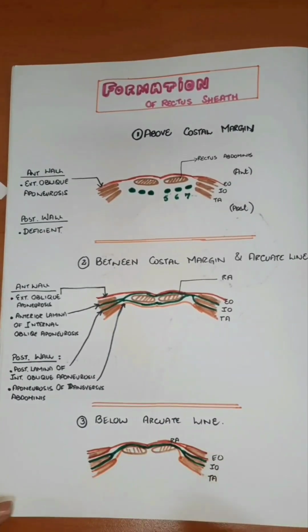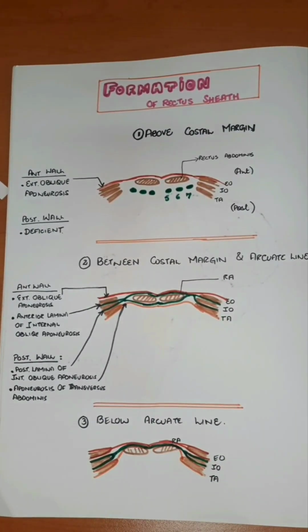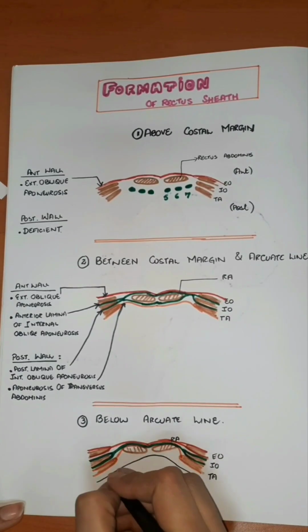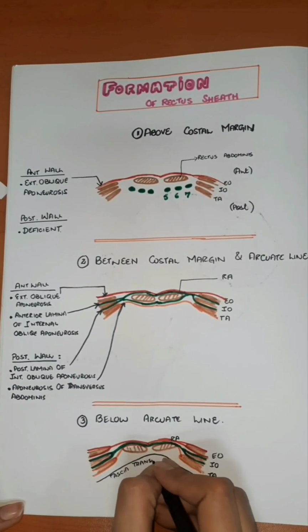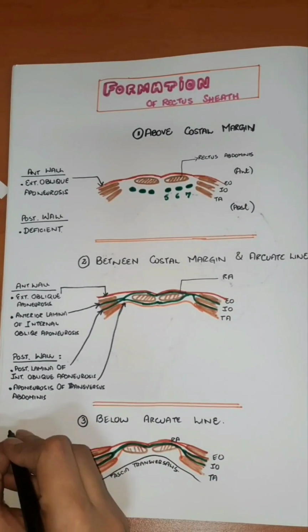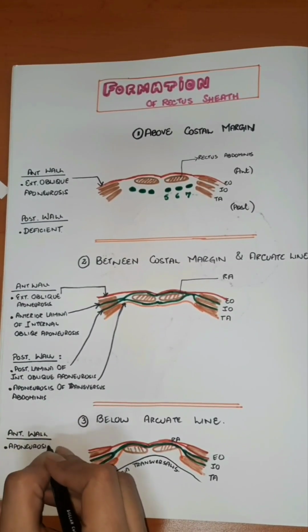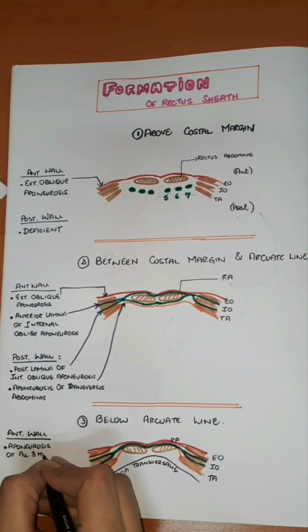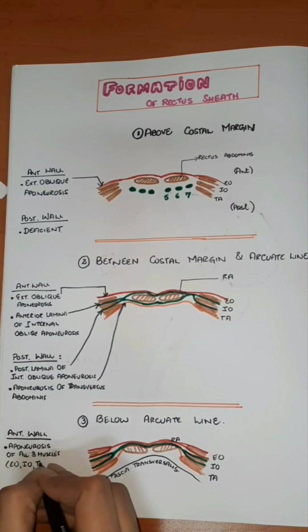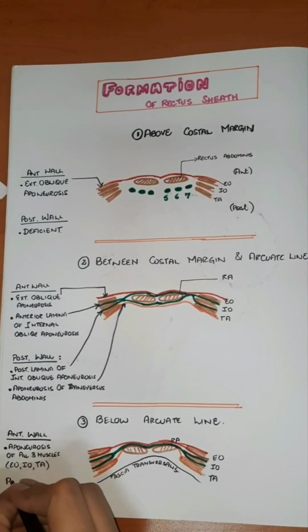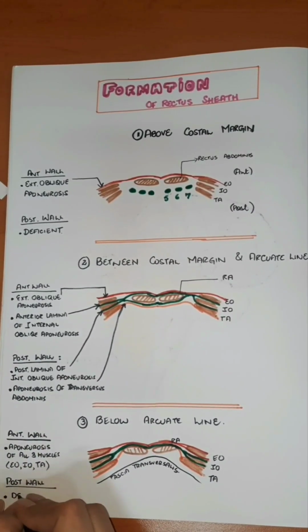And posteriorly it is absent. So rectus abdominis muscle here rests directly on the fascia transversalis and is not covered by the rectus sheath. The three muscles of the abdomen contribute in the formation of rectus sheath anteriorly, while posteriorly rectus sheath is absent below the arcuate line.